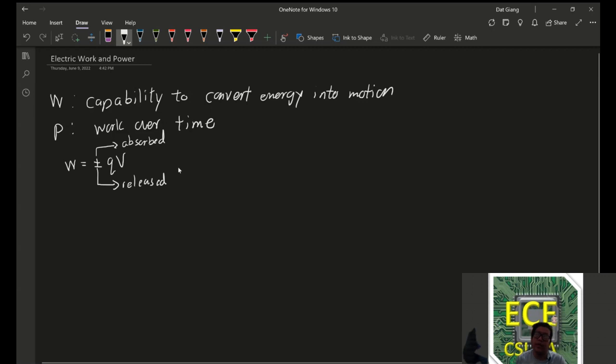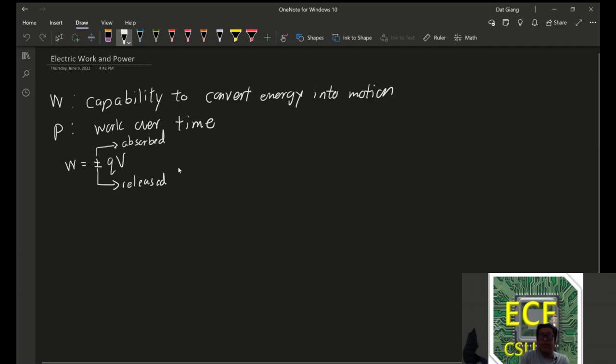The only elements that can absorb would be resistors, capacitors, and inductors, otherwise known as passive elements. For released, this would have to come from independent sources, things like batteries, which supply the voltage.